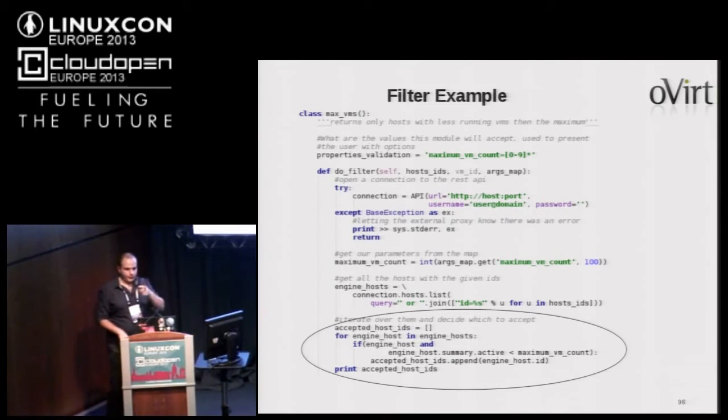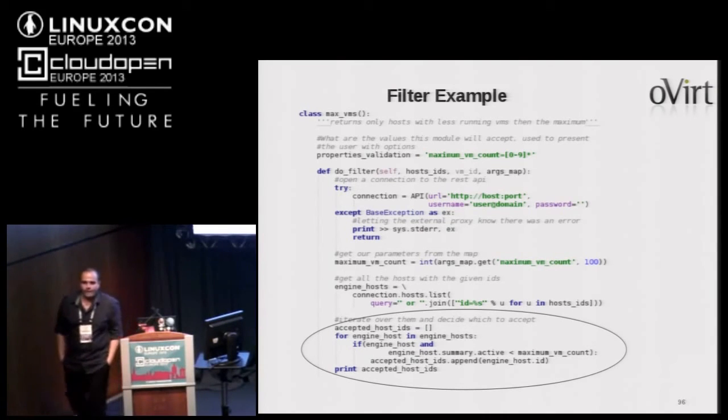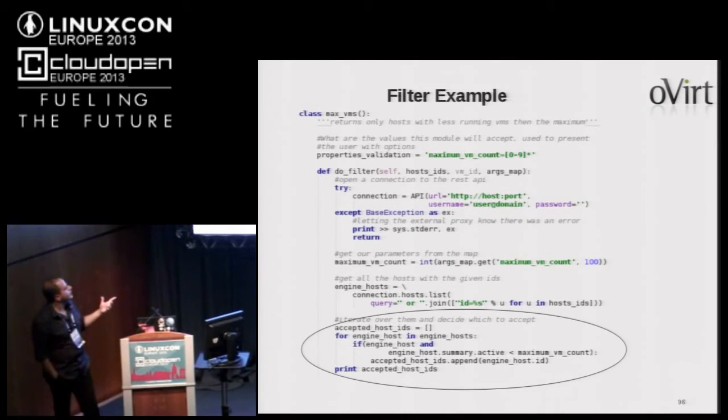But were you going to ask something? Why did you use here an object, a class? Why not just use a function for the max VM? Is this related to how the filters work? I think it looks for different classes that have the doFilter function when it scans the directory.